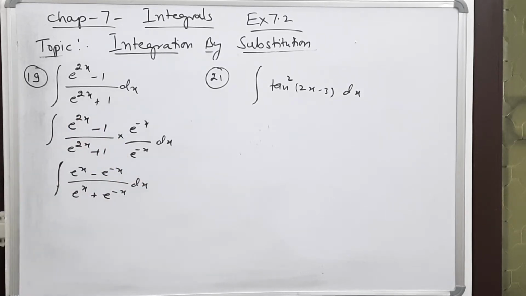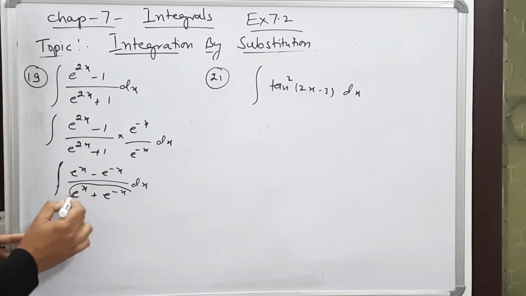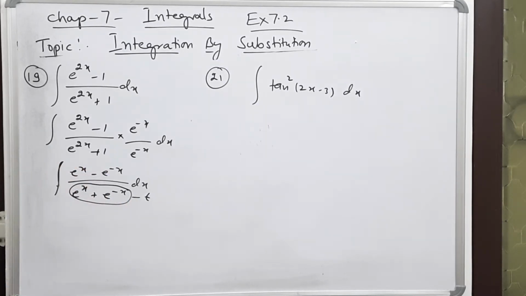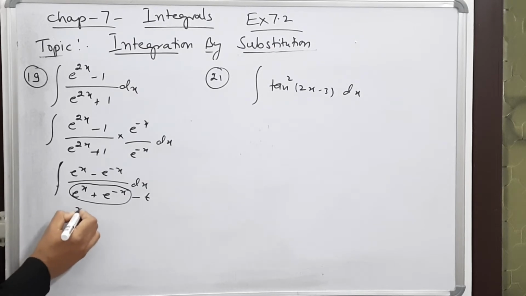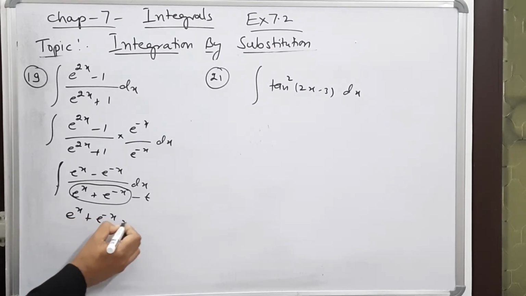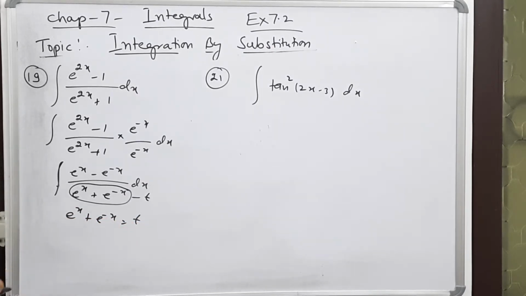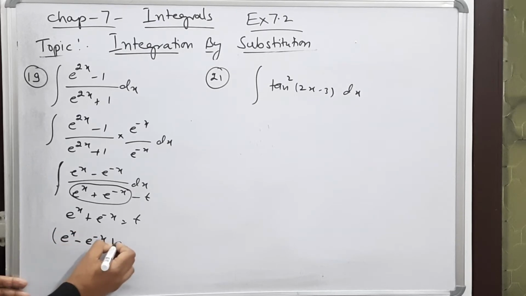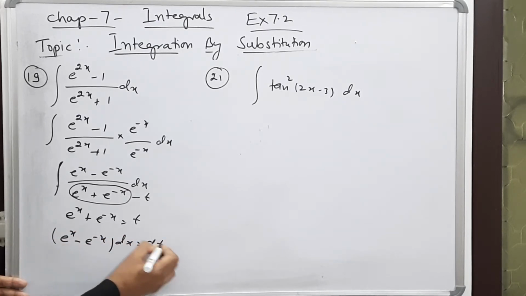Please see this part. And here, if you take this as t, then the upper part will be dt. That is e power x and e power minus x. When I take this one as t, then e power x minus e power minus x dx will be dt.